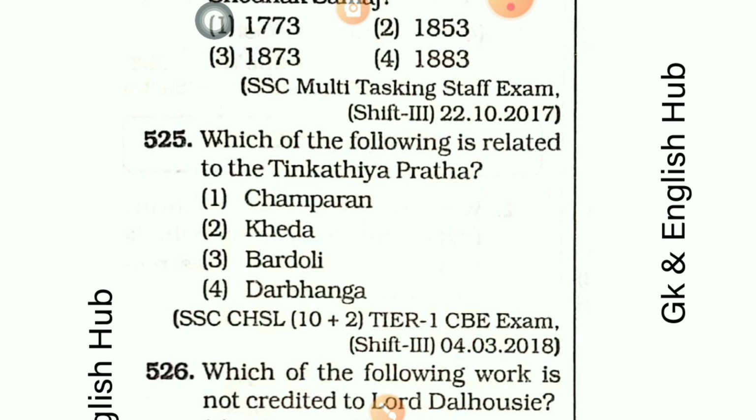That means 1 bigha consists of 20 kathas, and if one peasant has 1 bigha of land, then he had to cultivate indigo in 3 kathas. Okay, and this caused great misery to those native farmers.